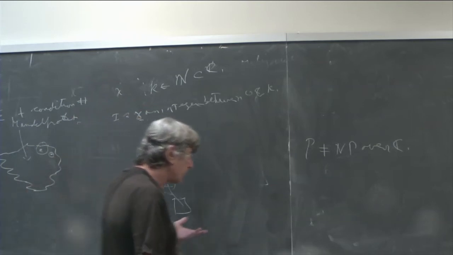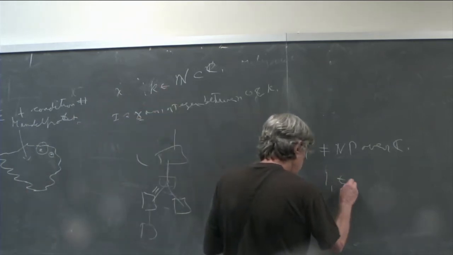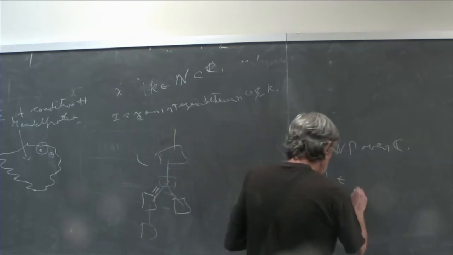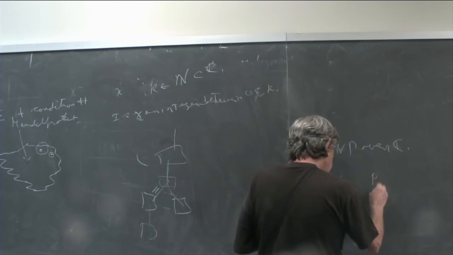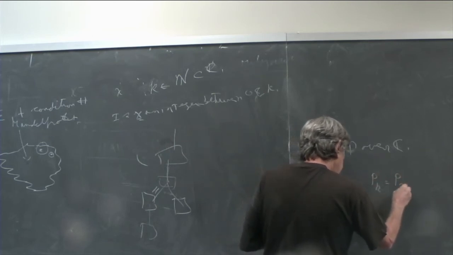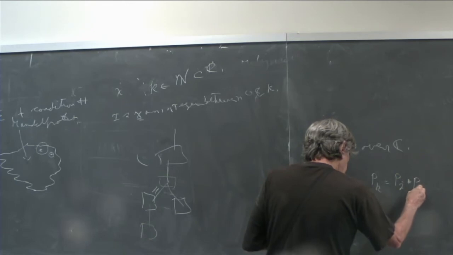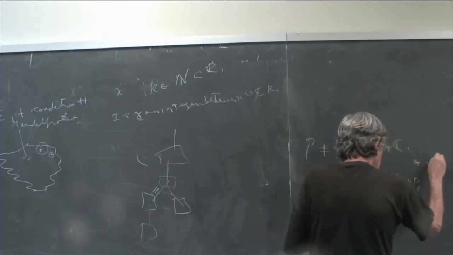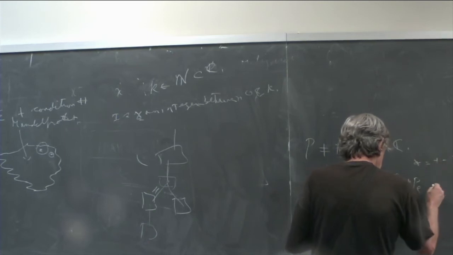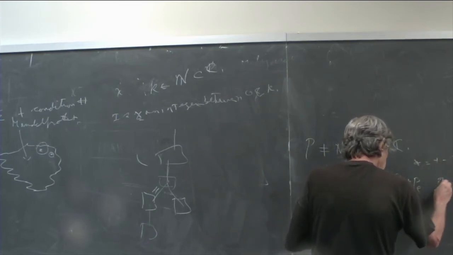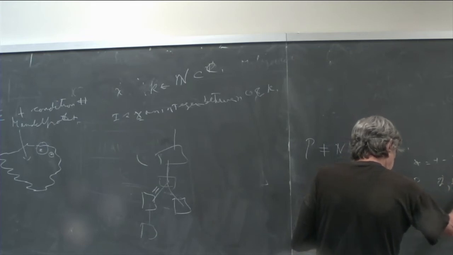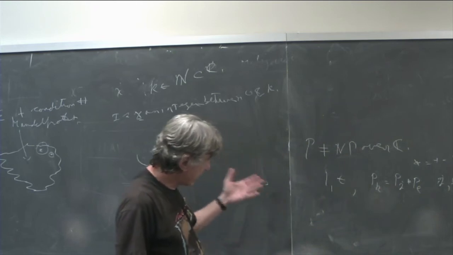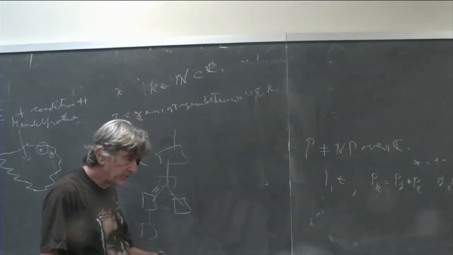You can start with 1 and p, and then every time you compute, your polynomial p_k equals the product of polynomials p_j and p_l, with the operation being either plus, minus, or times, and j and l are less than k. So that's what you're doing in these computations.